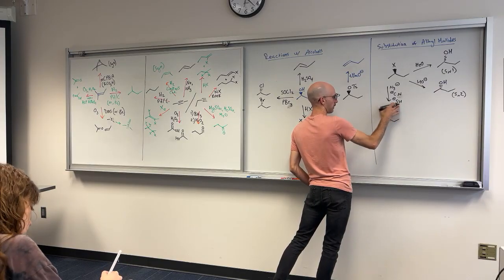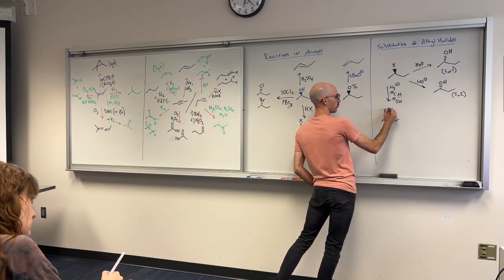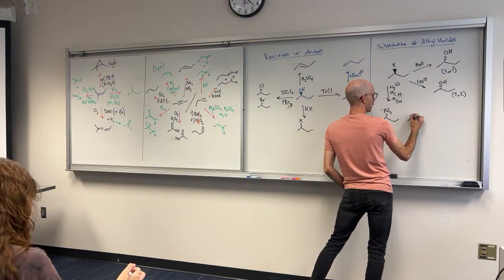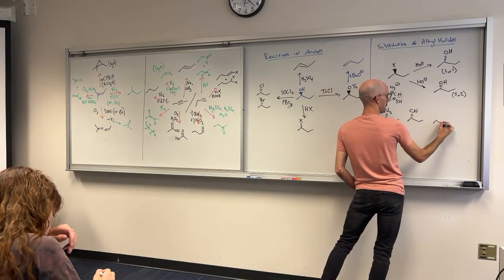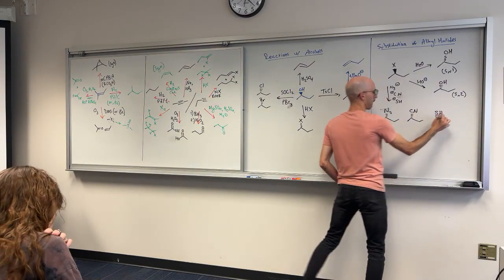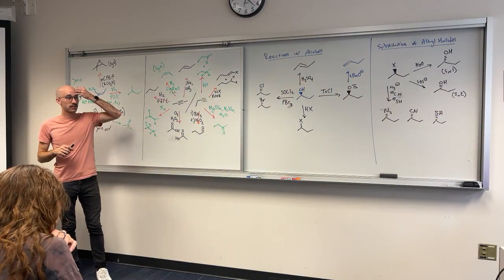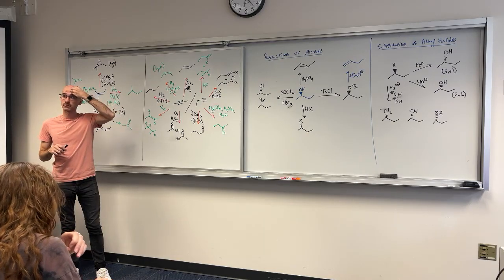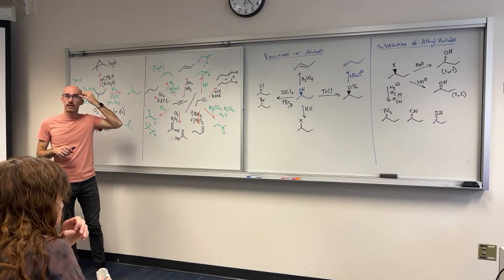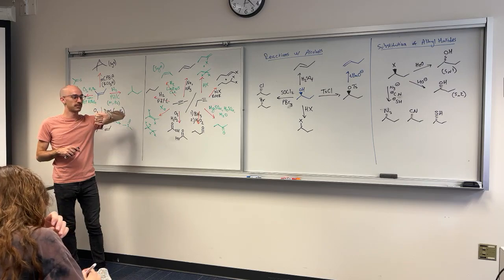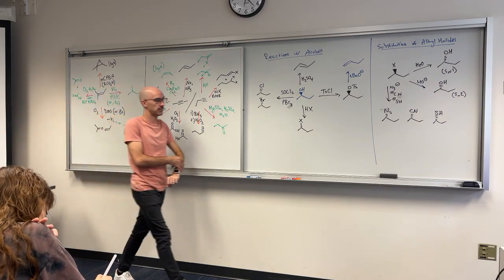And these all give us SN2, inversion of stereochemistry. Some halides are better than others, but this semester we'll predominantly be using Cl and Br.